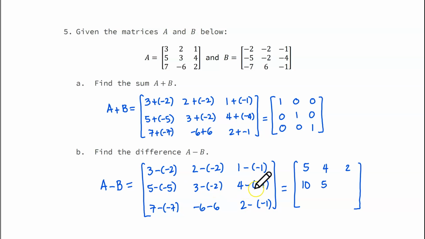And 4 minus negative 4 is 8. Then simplify this. 7 minus negative 7 is 14. Negative 6 minus 6 is negative 12. And 2 minus negative 1 is 3. This matrix here is the difference of the two matrices here.